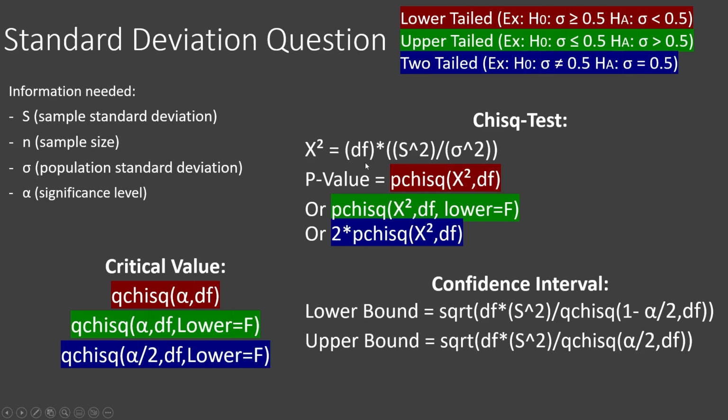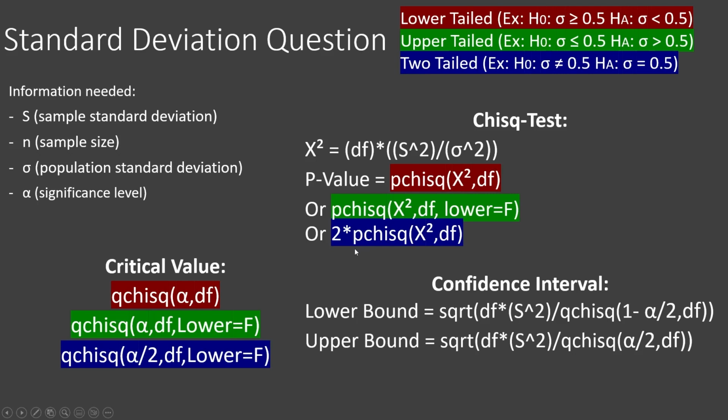You get your degrees of freedom multiplied by the sample standard deviation squared divided by the population standard deviation squared, right? Once you do that, for your p-value you just do pchisq of the test statistic and then degrees of freedom, and that's it. Depending on upper-tailed or two-tailed, you can change it.